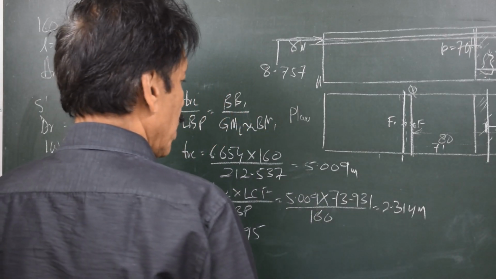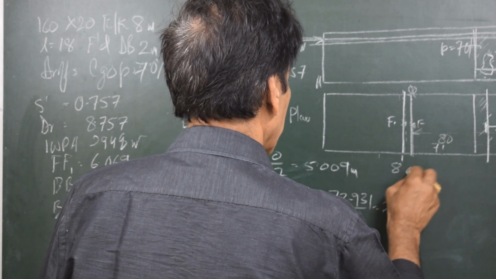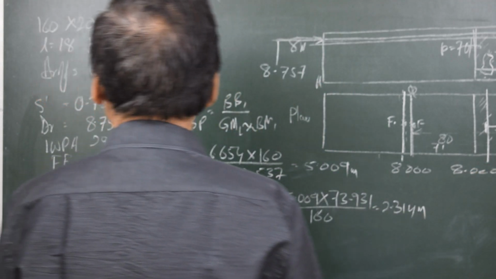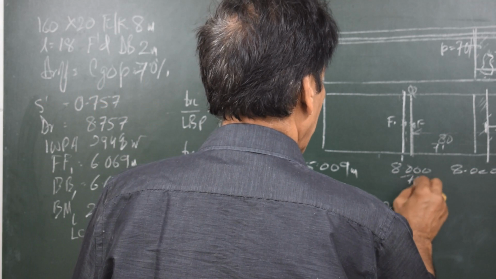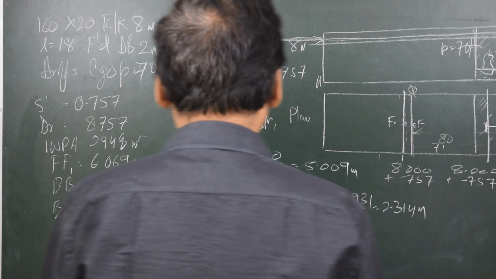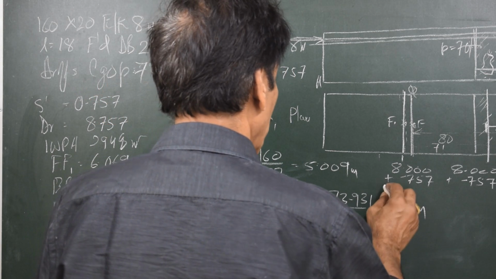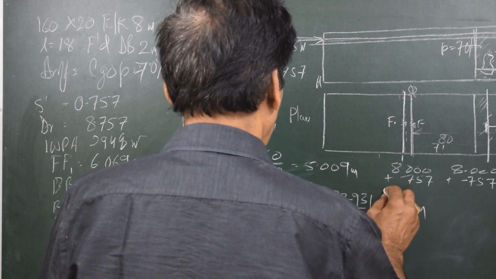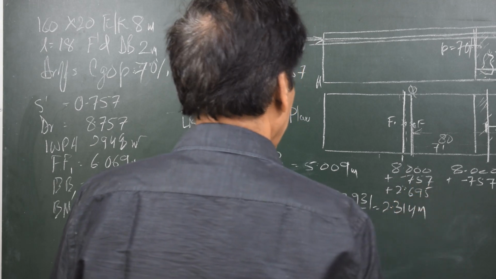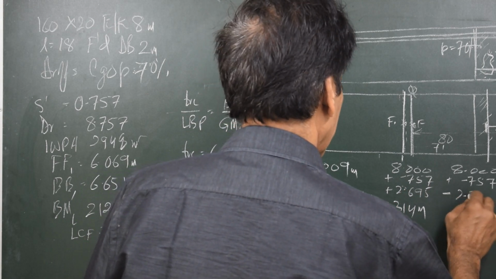So the standard trim calculations can be done starting with the draft forward 8.000, half 8.000. The sinkage is 0.757, and then the forward draft will be increased because of the trim change. The increase in forward draft is 2.695, and the reduction in the aft draft is 2.314.